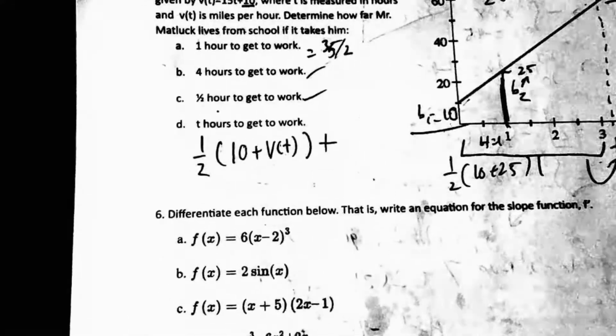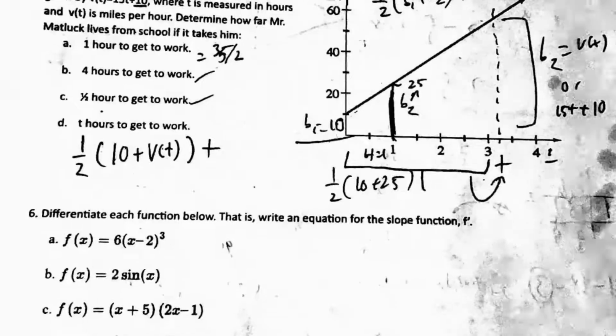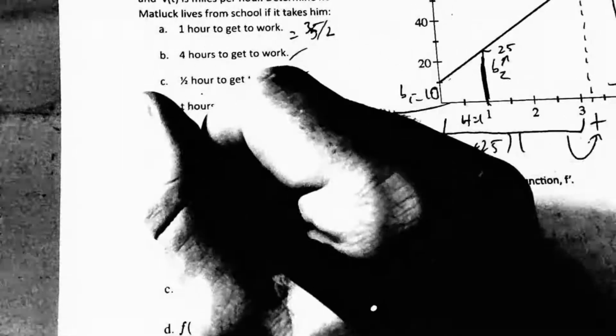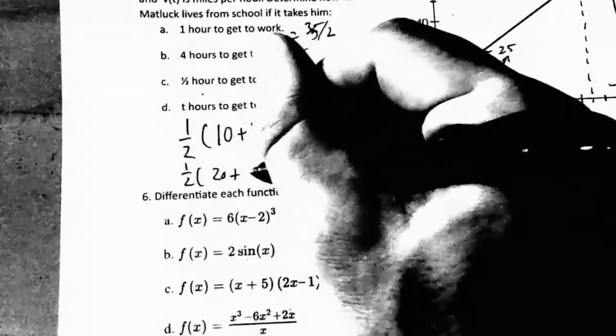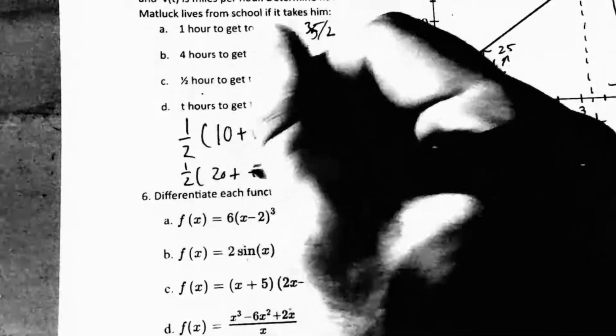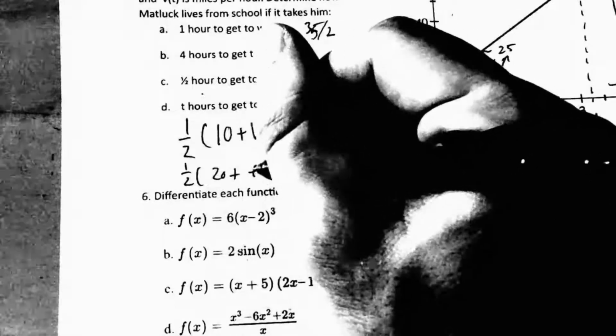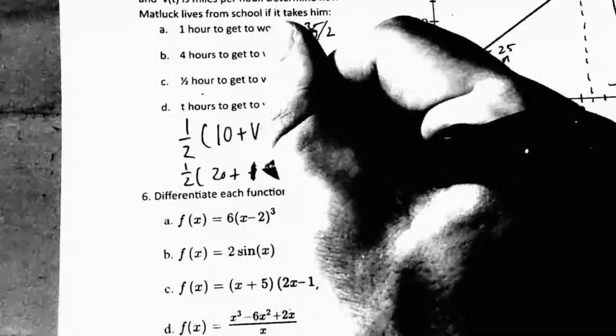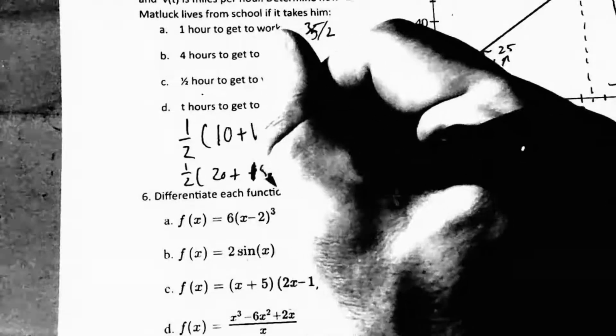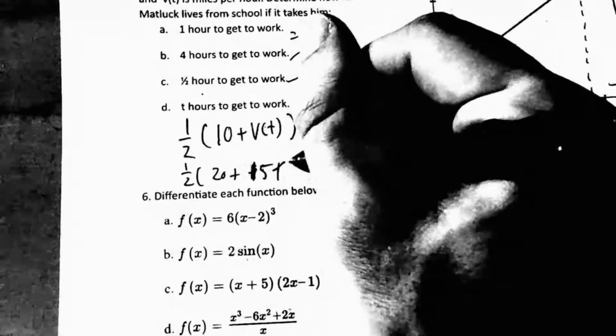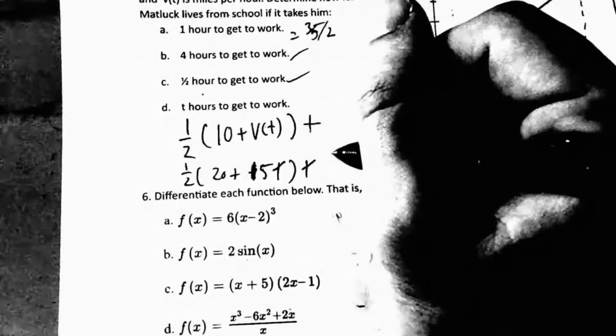I could simplify this further by plugging in 15t plus 10 into this. So that would become 1/2 times 20 plus 15t times t.